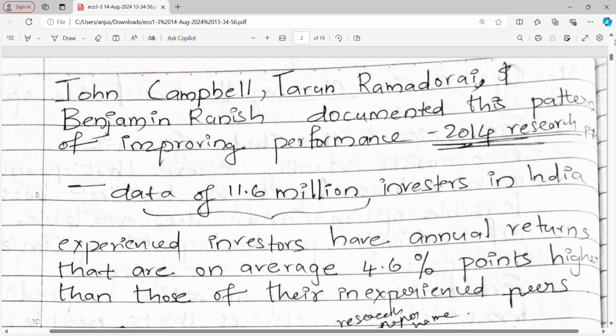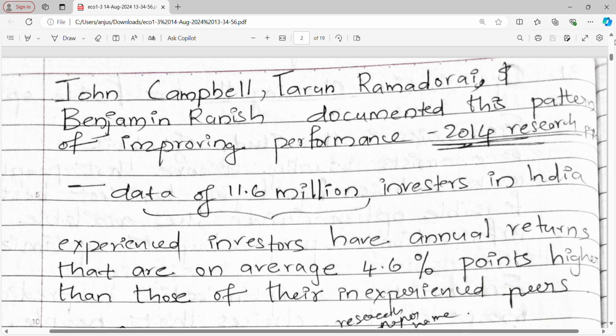They obtained anonymized data that summarized the activity of 11.6 million investors in India. The researchers found that experienced investors have annual returns that are on average 4.6% points higher than those of their inexperienced peers.